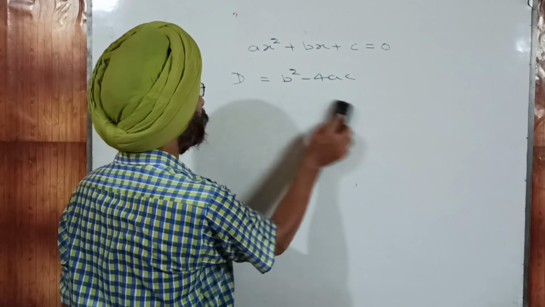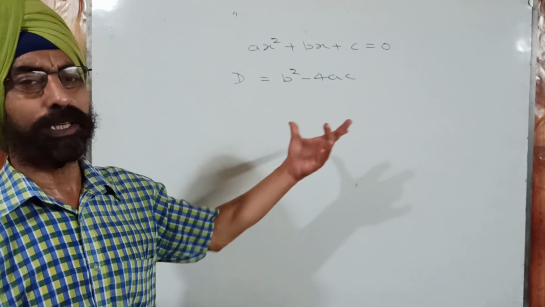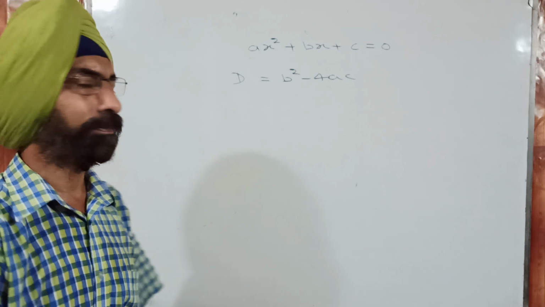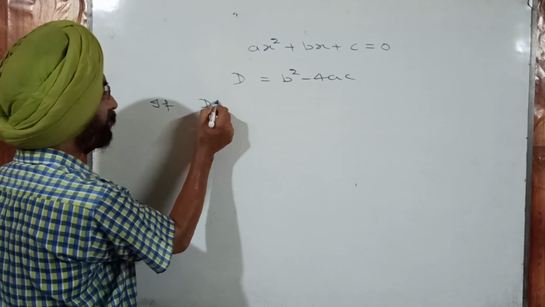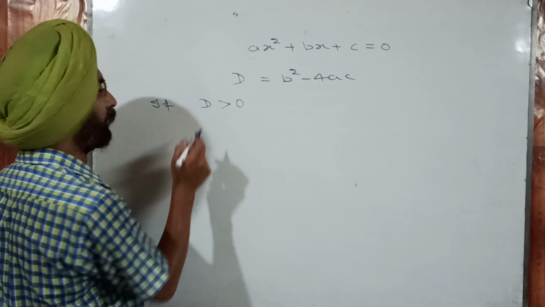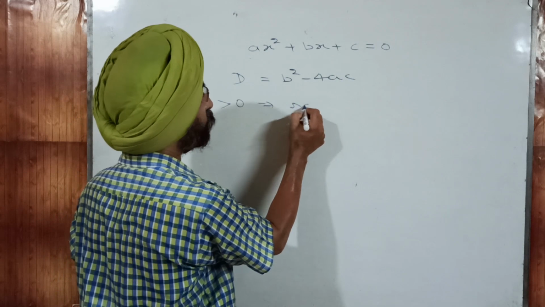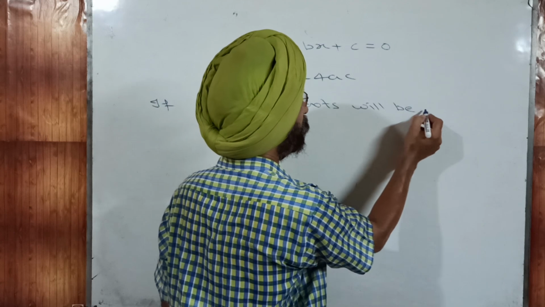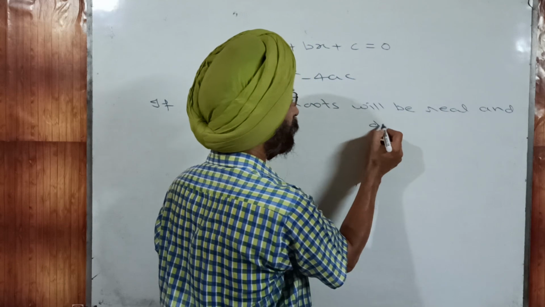Now, roots of this quadratic equation depend upon the nature of this D, this discriminant. If your D is strictly greater than 0, that means positive, then roots will be real and distinct.